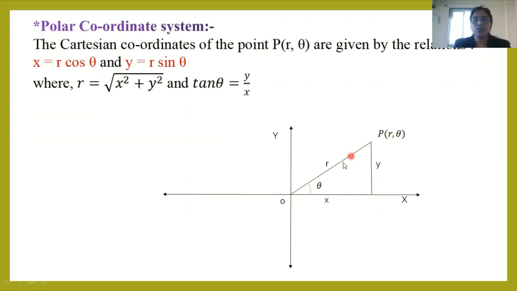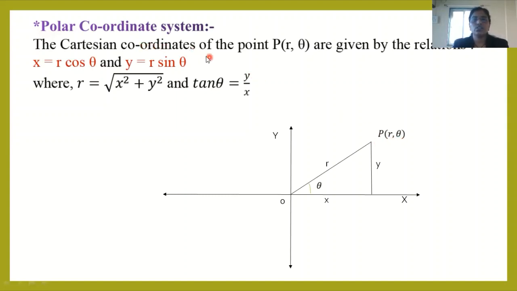If P is the point whose distance from the origin is r and which makes an angle theta with the positive direction of the x-axis, then the coordinates of the point P are given by r, theta. This is the polar coordinates for the point P. Here Cartesian coordinates are x, y and polar coordinates are r, theta.